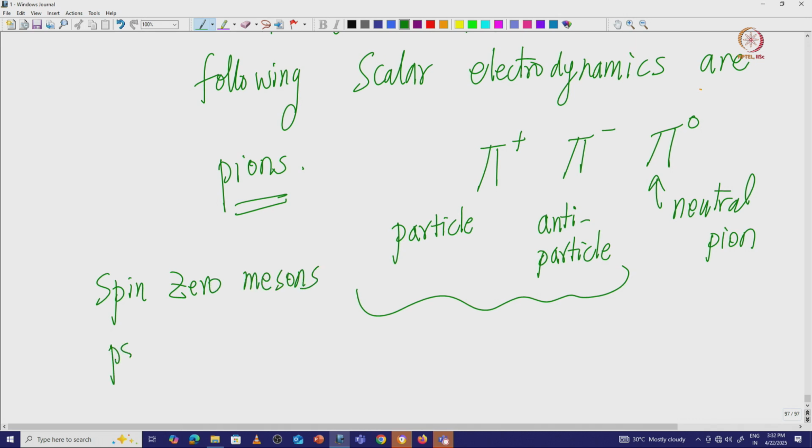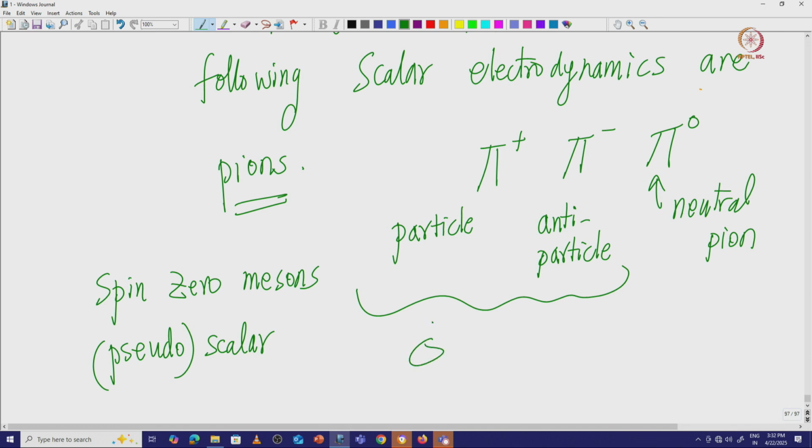They are pseudoscalar. We will forget about the pseudoscalar part right now, because it depends upon the parity. We will come back to it later when we are dealing with the Dirac equation. So, pi plus and pi minus are represented by a scalar field. If this is a particle, this is an antiparticle.